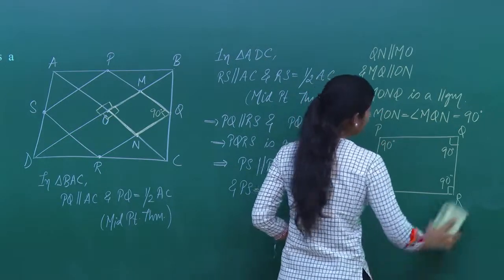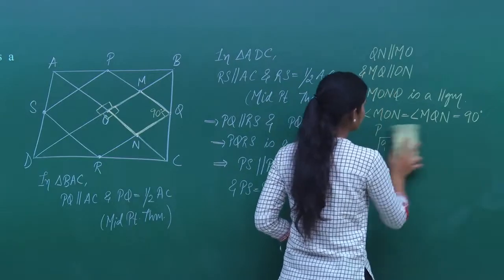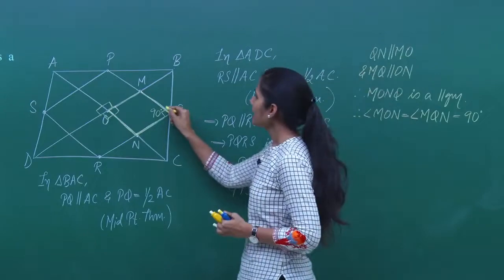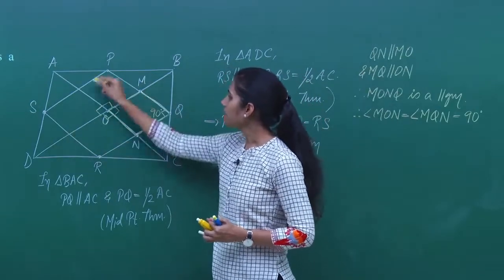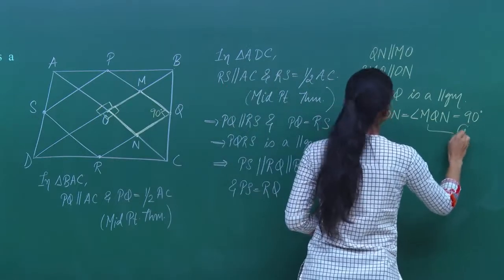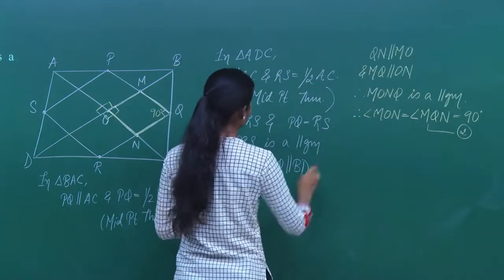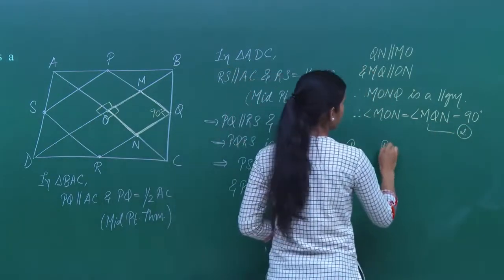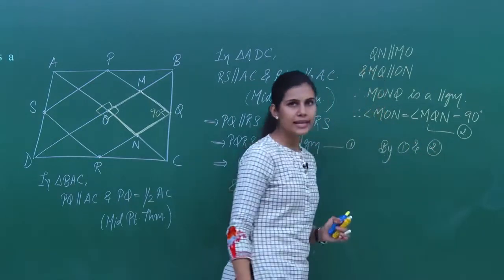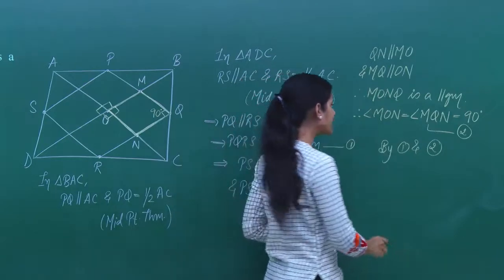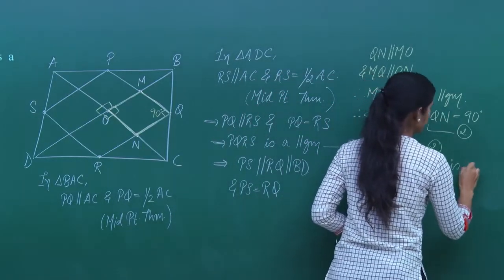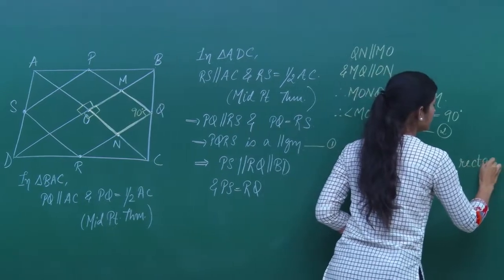So if it is a parallelogram with one angle 90 degrees, then it is a rectangle. So I have got MQN as one angle of the parallelogram PQRS as 90 degrees. So by 1 and 2, PQRS is a parallelogram with one angle 90 degrees. That means all angles are of 90 degrees. So I have PQRS is a rectangle.